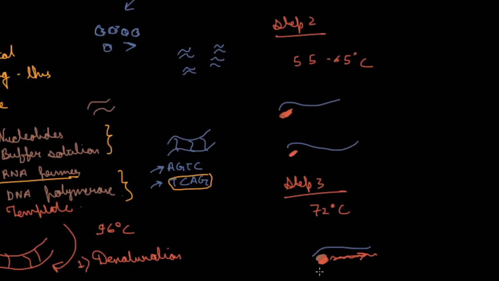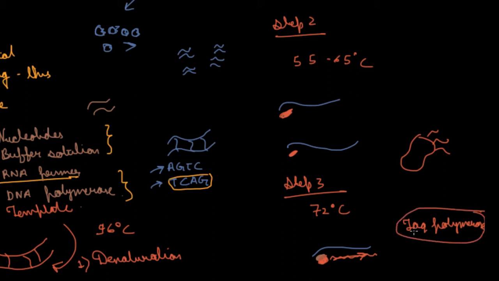So how does this DNA polymerase work at such a high temperature? The answer is that we use a DNA polymerase which can sustain such high temperatures. We get that DNA polymerase from some bacteria which can sustain such high temperatures, and most commonly we use Taq polymerase. It can really sustain such high temperatures, therefore we use this polymerase.